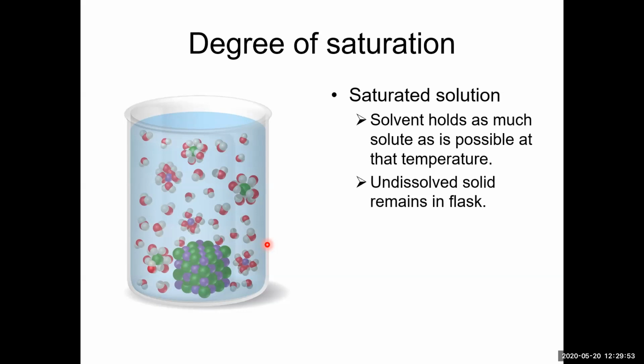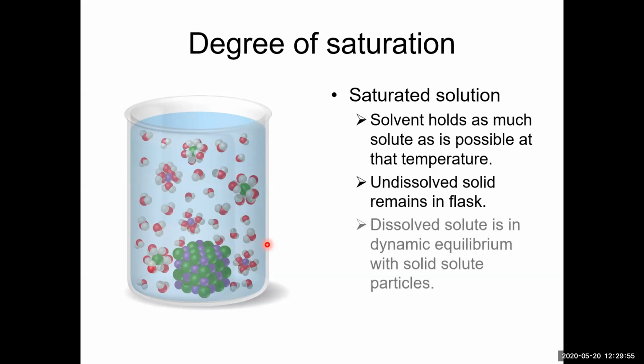That's how you know for sure it's saturated. And it's an equilibrium. It's not always the same particles that are in the solid that are in the solution. Something a little bit dissolves and another little bit comes back, but you still have the maximum amount of solute that can be dissolved. The water, or whatever the solvent, can't hold anymore.